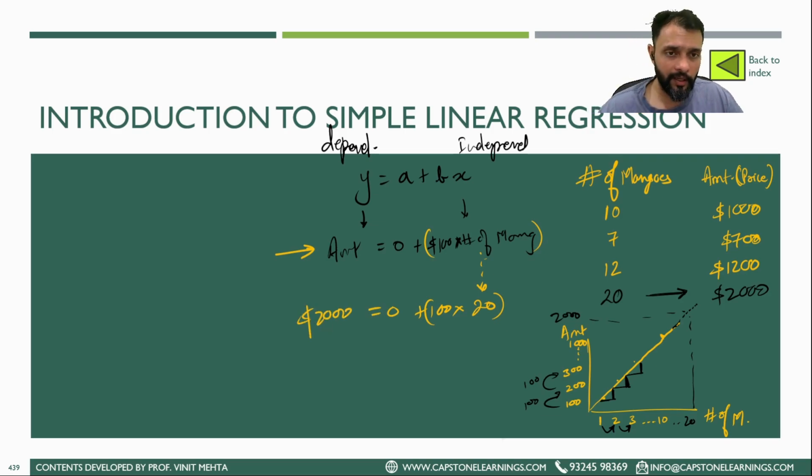What I'm making you realize is that you created a linear equation in your mind, although it happened in a fraction of a second, which is y is equal to a plus bx. A is the intercept, the starting point of the line. B is the slope, by how much the line keeps on going up, and it is constant over here. And x is the independent variable, the number of mangoes.